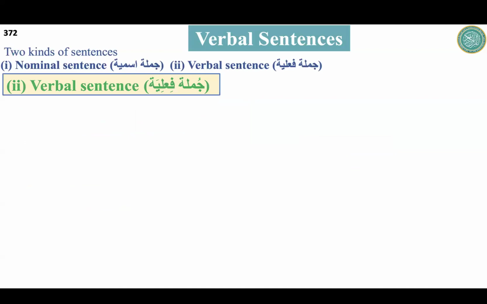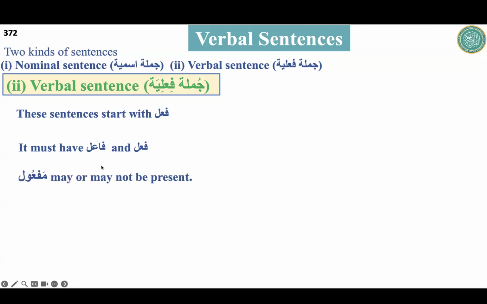The verbal sentence starts with fi'l, the verb. We already know about the verb. In a verbal sentence there are other parts, like in a nominal sentence there are three things: mubtada, khabar, and muta'alliq bil khabar. Here in the verbal sentence, it starts with fi'l and it must have fa'il. The third thing is maf'ul, which may or may not be present.